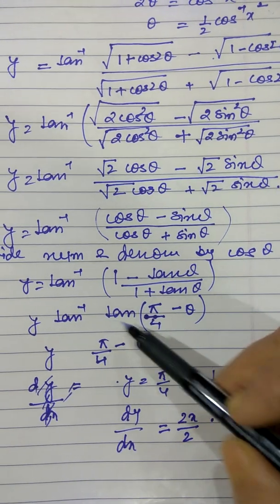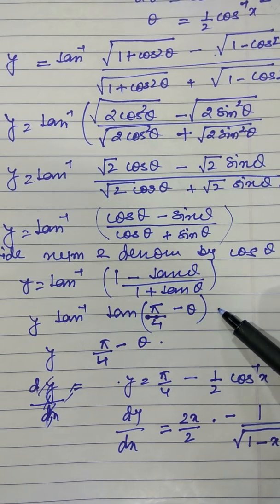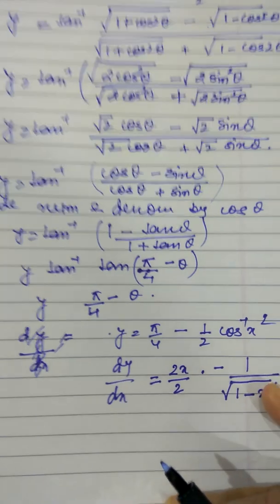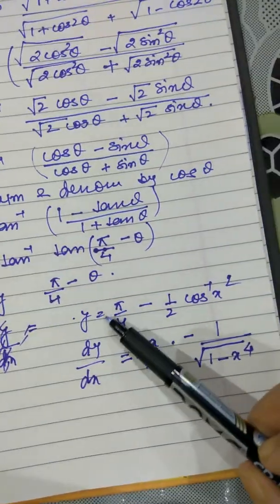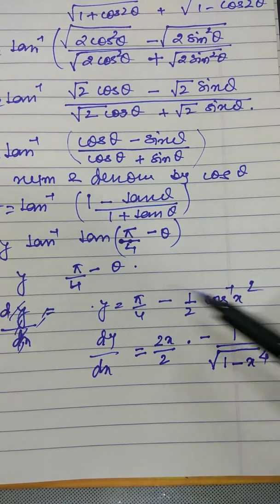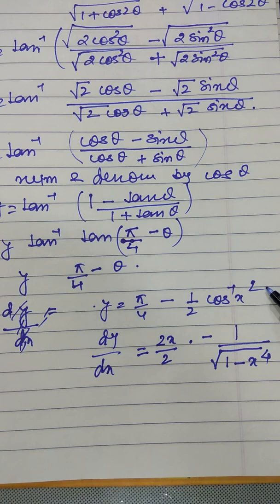And you know this is tan inverse tan of (pi by 4 minus theta). Ultimately y is pi by 4 minus theta. So y is pi by 4 minus half cos inverse x square, because theta is half cos inverse x square.